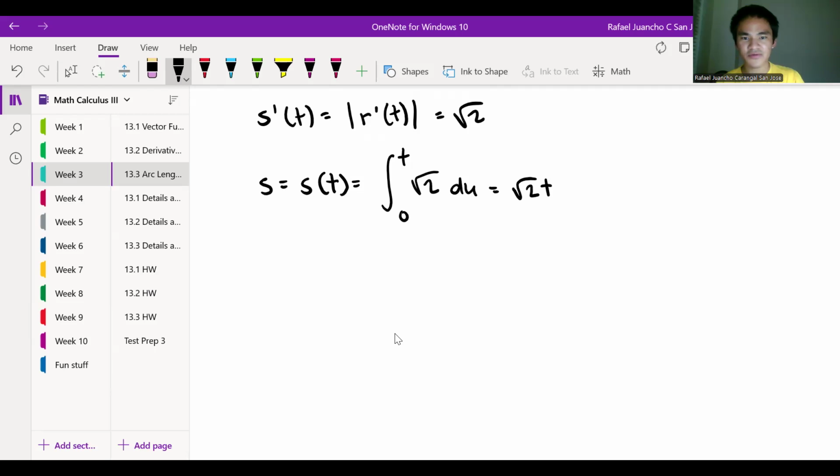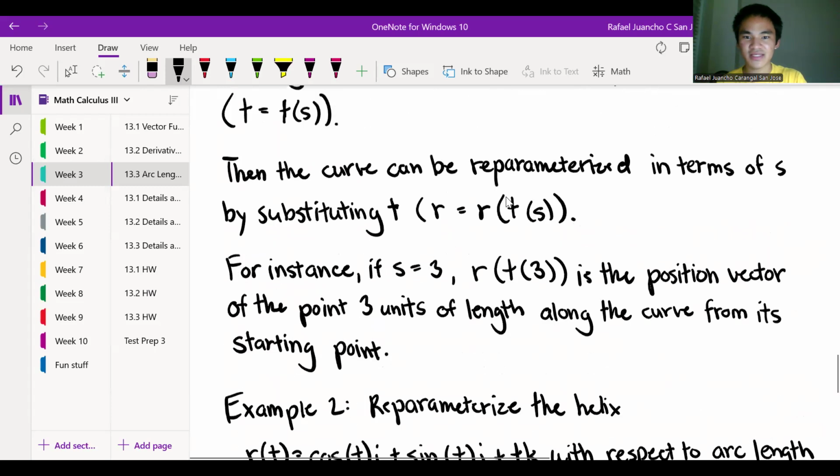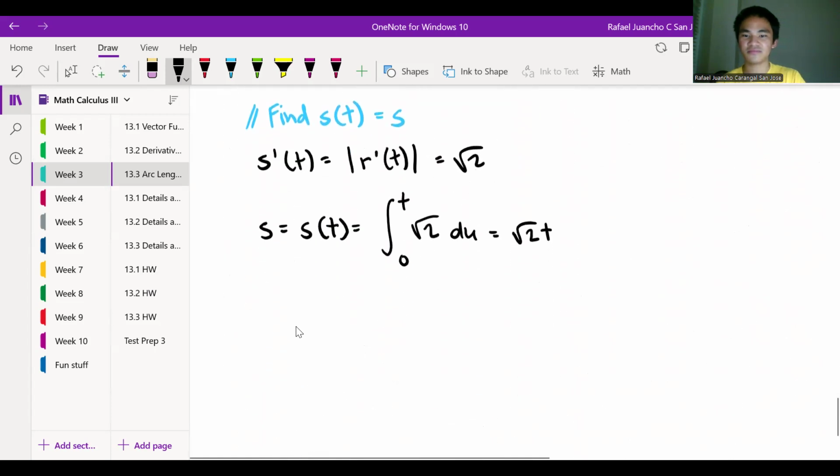Now, based on what I've read, I can get a function in terms of s. If s is equal to square root of 2 times t, then t is s over square root of 2.